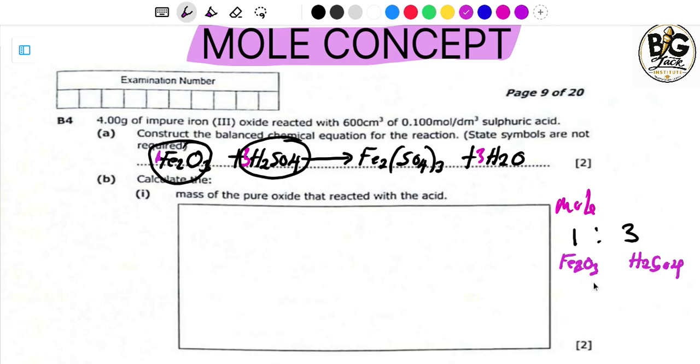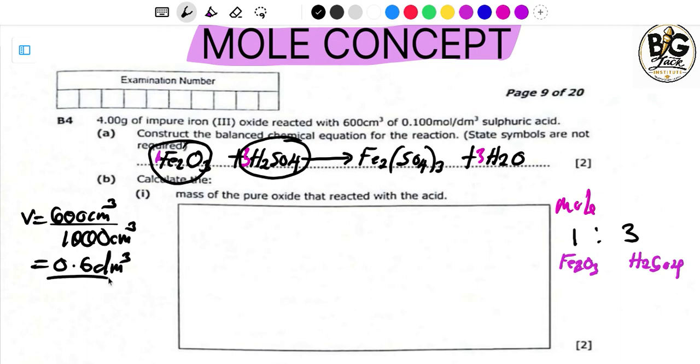Now for us to work that out, we have to calculate the number of moles of sulfuric acid. So what do we have? We have the volume, which is 600 cm³, but this one has to be in dm³. So I need to divide by 1000 to convert it into decimeter cubed, and I'm going to get 0.6 dm³. This is now our volume. For the molarity, we have 0.1 moles per dm³.